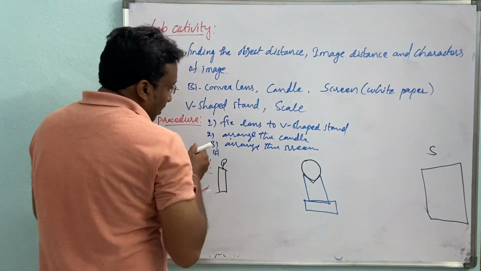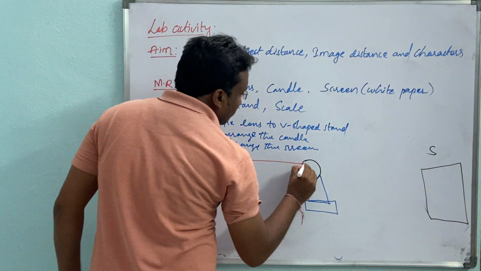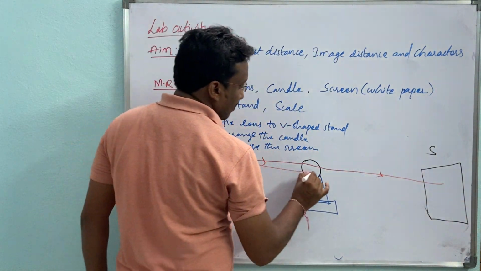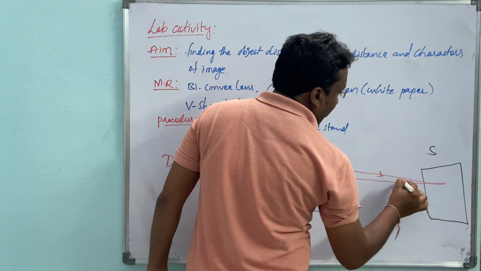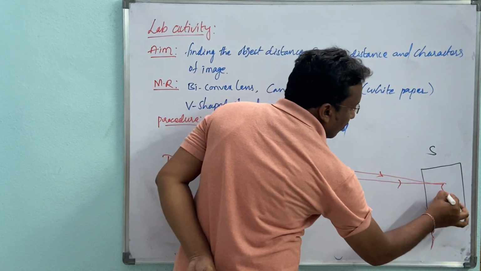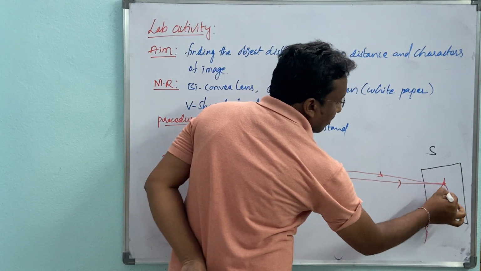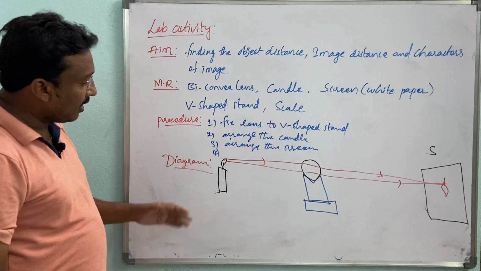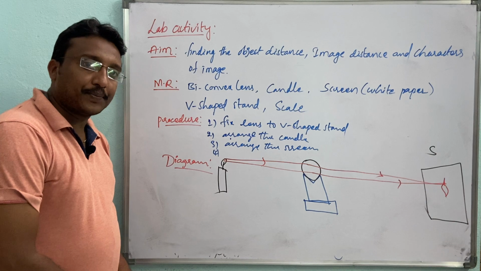For example, here the image is formed. That is the image. Got it? This is the fourth point.